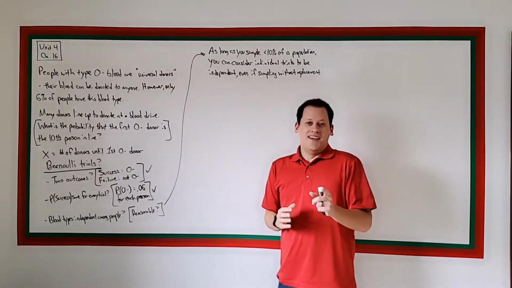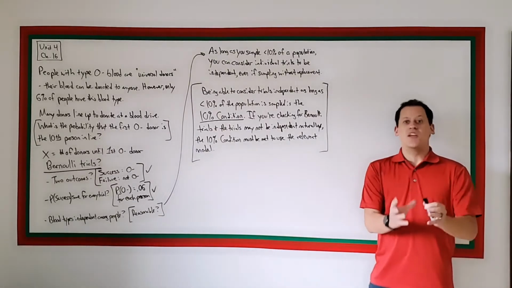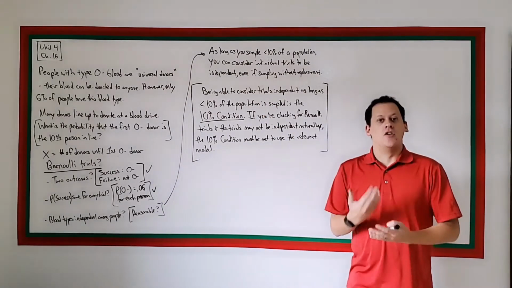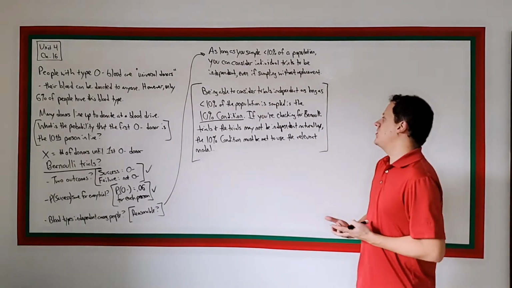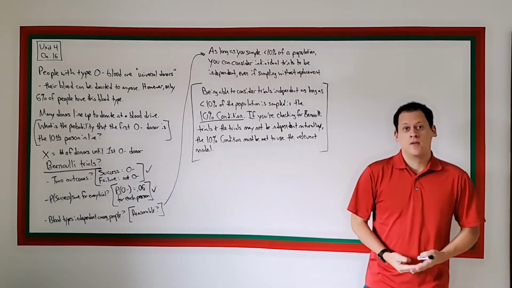So there's actually a name for this idea. Okay, so here it is. Being able to consider trials independent as long as less than 10% of the population is sampled is what's called the 10% condition.